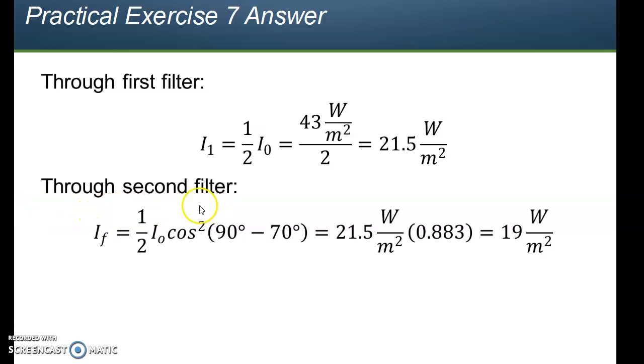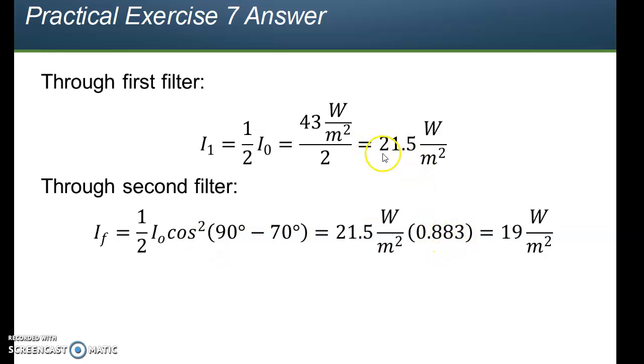Through the second filter, you have to use the second equation that I gave you. I_F equals I, the cosine squared of the difference between those two. That's a 20 degrees difference there, right? And the cosine squared of that is 0.883.